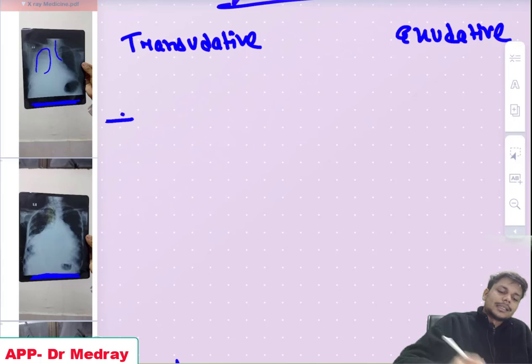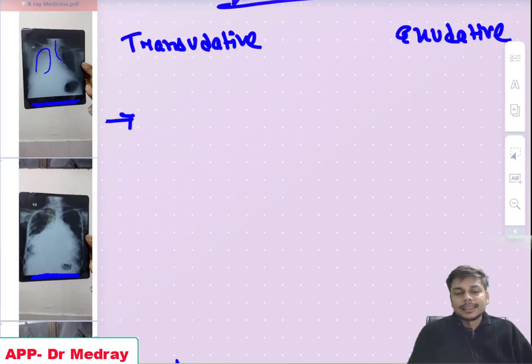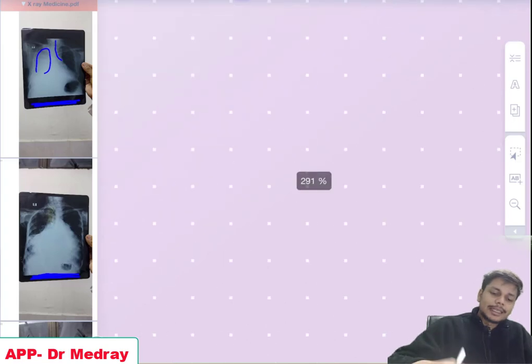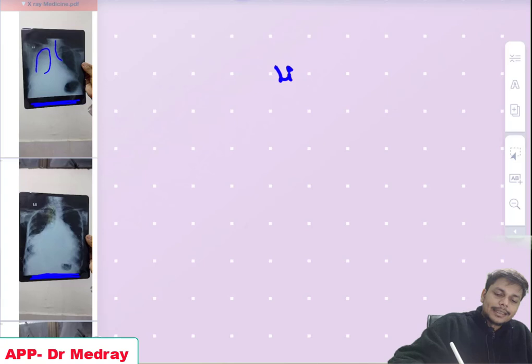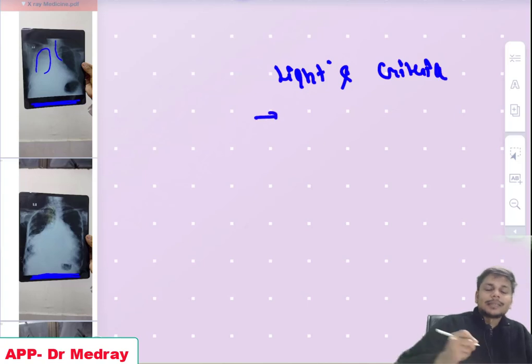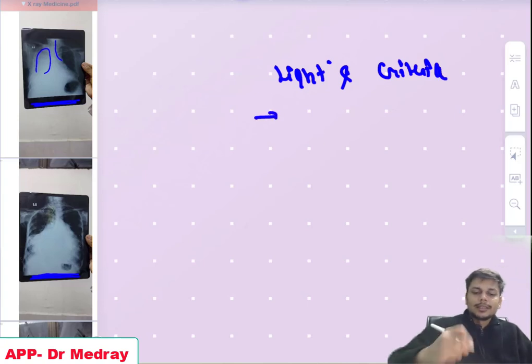You may be asked how to differentiate between transudative and exudative pleural effusion. We use Light's criteria for differentiating transudative and exudative pleural effusion.